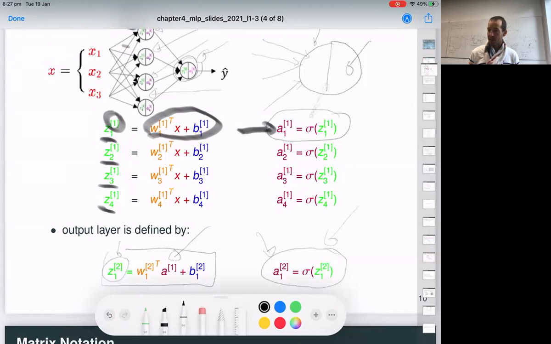Make sense, Jade? So keep in mind, it is always the same in a neural network. You arrive in a neuron, you combine all of these elements as a linear combination, which gives you a scalar plus the bias. You apply an activation function which is R to R, and the output is a scalar.